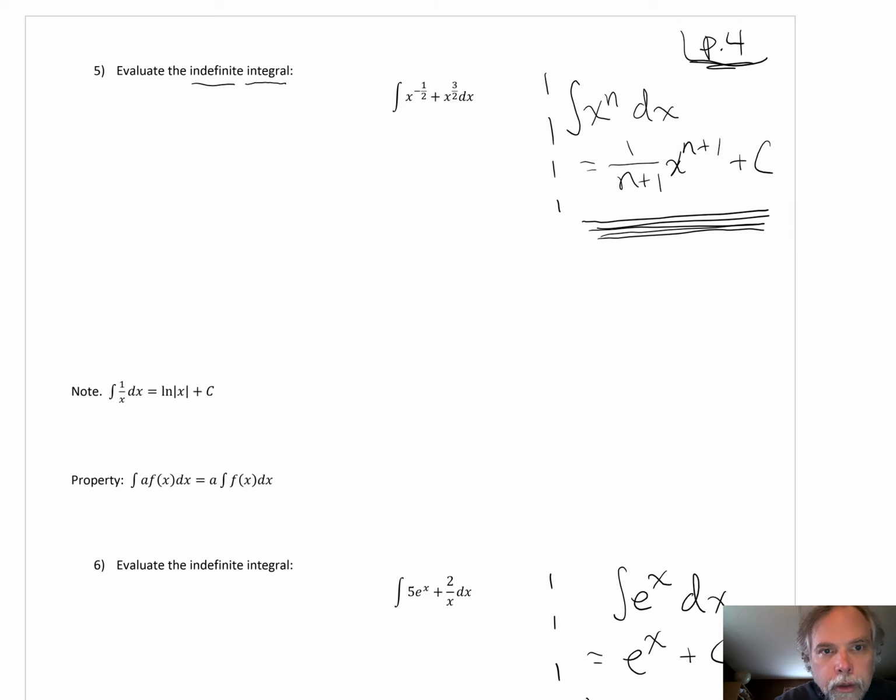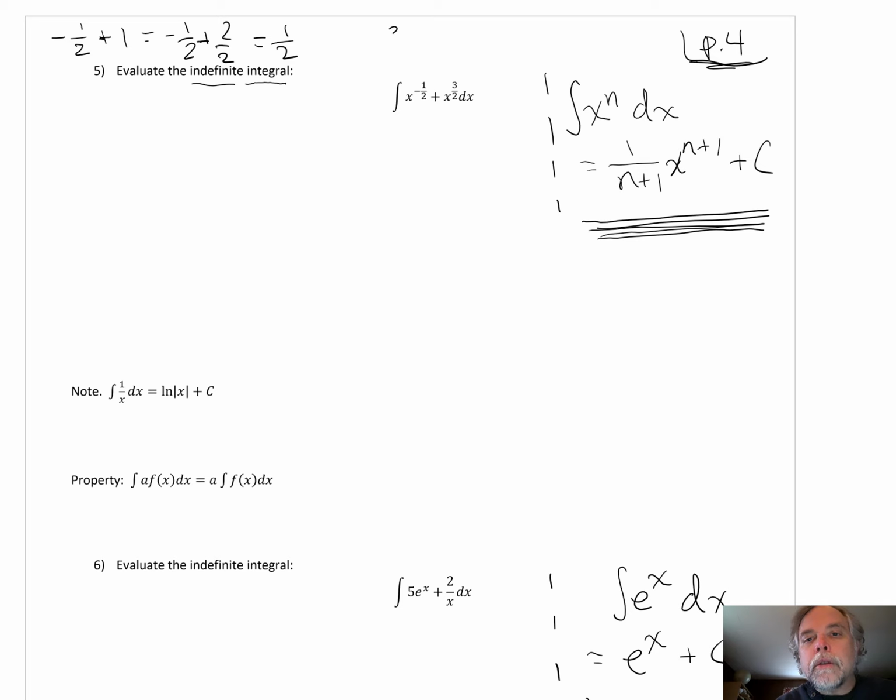So for each of these terms, part of doing it is going to be the n plus 1 expression. Up here, as scratch work, before we dive into the problem, I want to do the n plus 1 work. Negative 1/2 plus 1 will be negative 1/2 plus 2 over 2. Negative 1 plus 2 is 1 over 2, 1/2.